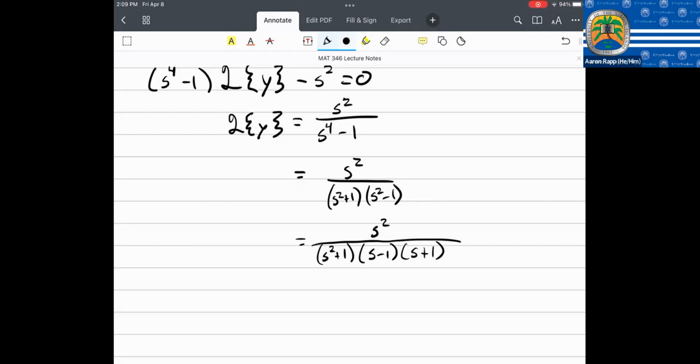But I don't want it written out like this, because I'm multiplying each of those terms in the denominator. What am I going to do to break up this fraction? Partial fraction decomposition.